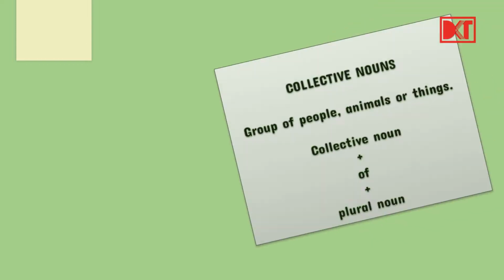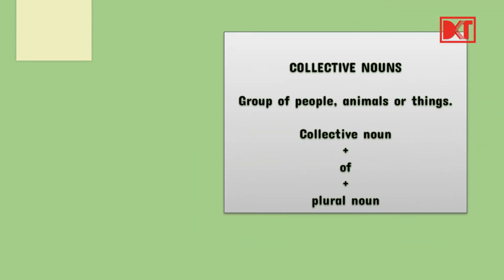So now we have done 3 categories of nouns. First was the proper nouns, second was the common nouns, and the third was the abstract nouns. Now we are moving on to the fourth category of nouns, which is collective nouns.